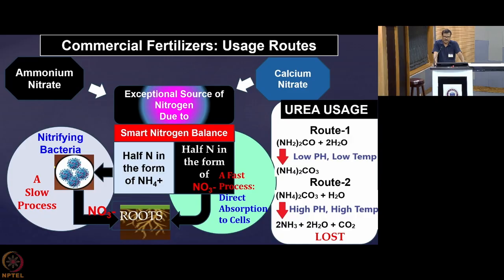Then the other nitrate, which is already in the form of nitrate in the ammonium nitrate, gets directly absorbed. So, one part is coming through the bacteria, another part is coming through direct nitrate. Now, this is the way the urea, NH2CONH2, is used in the agricultural sector.